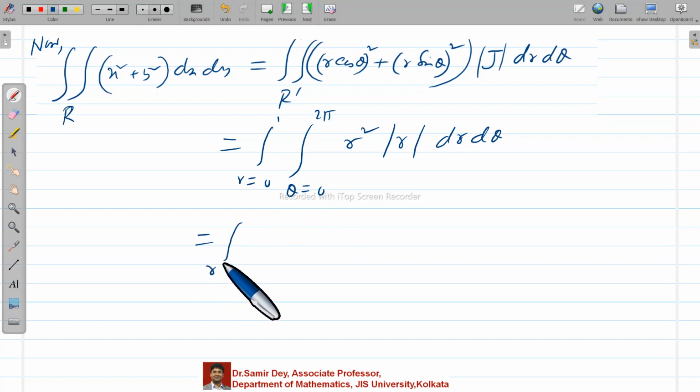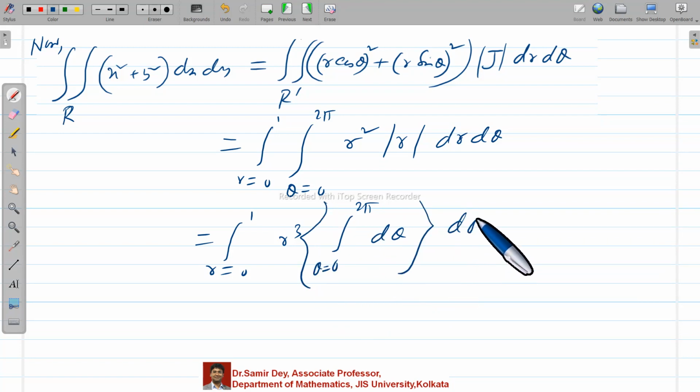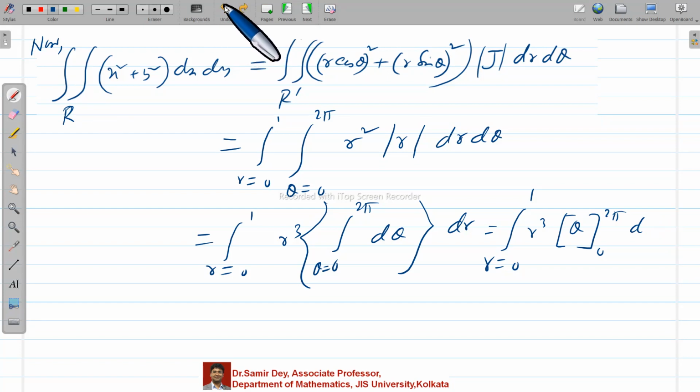So please write down r is equals to 0 to 1, r cube is outside, and 0 to 2 pi d theta, and r is equals to 0 to 1 r cube, and here theta 0 to 2 pi. No, sorry, it will be dr.